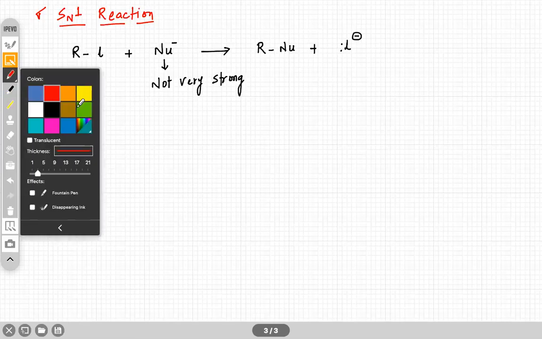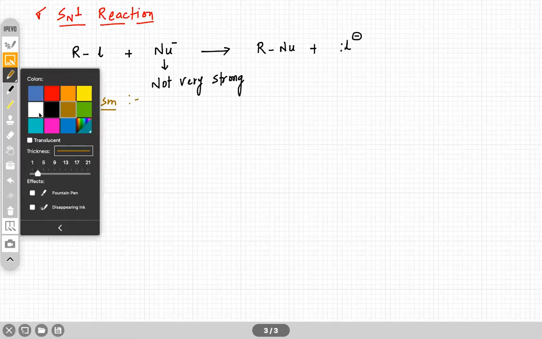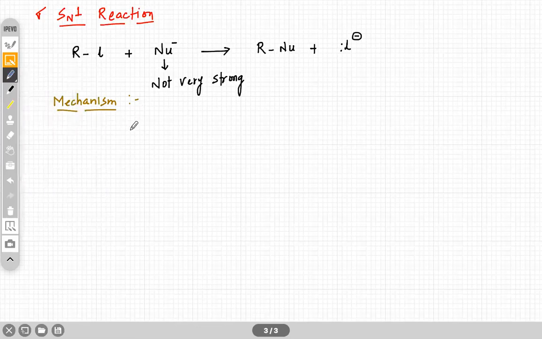The steps involved, if you see the mechanism part of it: the first step is the formation of carbocation.